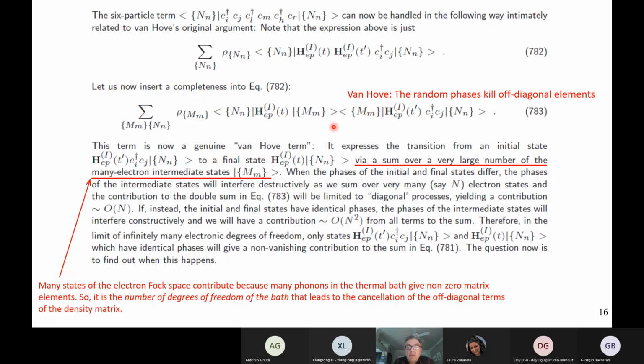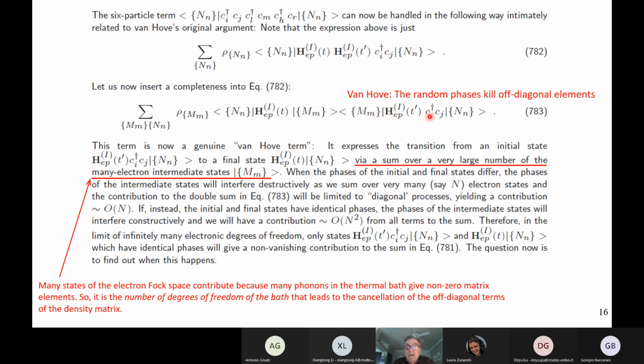So the sum involves a number of n squared terms, where n is the number of terms that contribute to the sum, which is very large because it's roughly proportional to the number of phonons that can give non-zero matrix element here, and there are very many of them.